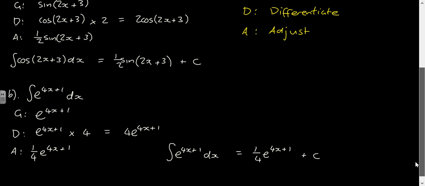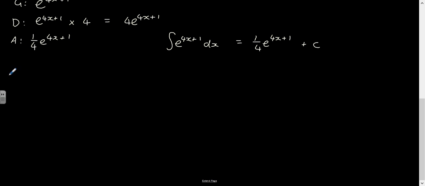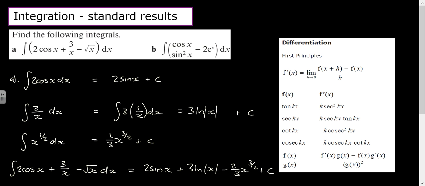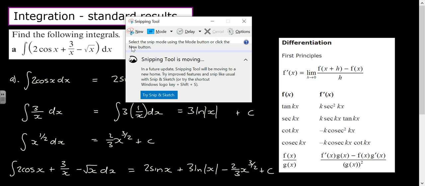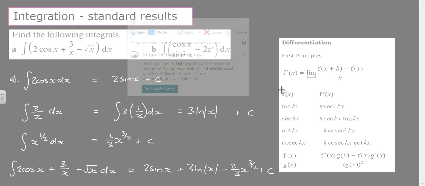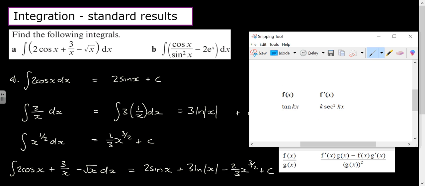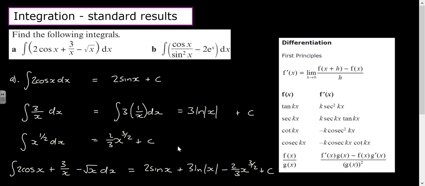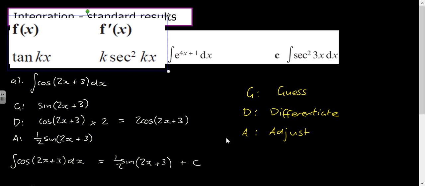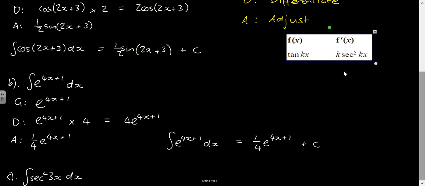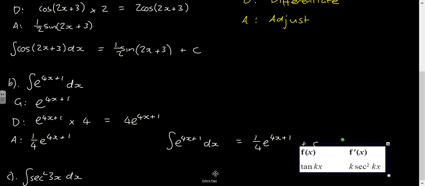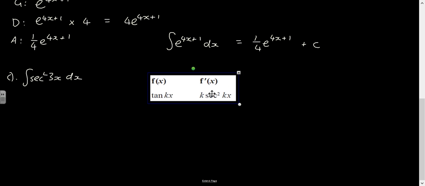So the third one we've got here is sec squared 3x with respect to x. Now, what I should have put in here, I apologize for not doing that, but I'll do it right now, is we know this result here. There we go, editing on, so we have this result given to us.